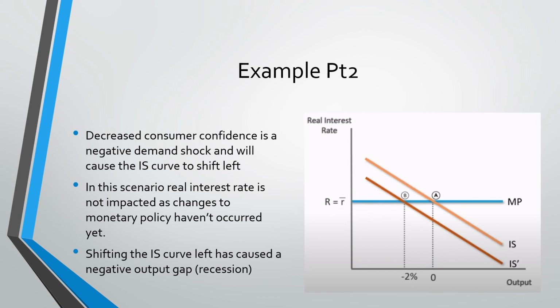In this one, the real interest rate is not impacted because monetary policy is set by the central bank, and no monetary policy has been implemented at this point. And finally, shifting the IS curve to the left has caused a negative output gap. That means that the economy is not producing what it should be, or not as efficiently as it could be. So in this case, a negative output gap means a recession.